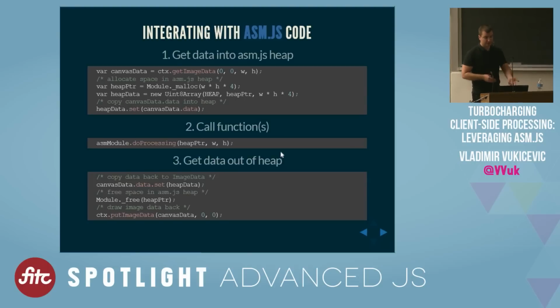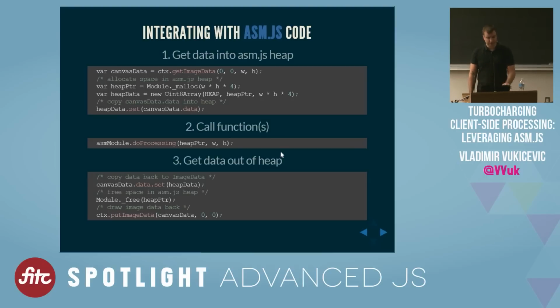So you would allocate some memory for where you're going to copy this data in. You do the copy, and then you can make the function call to do the processing. You give it the pointer, again in the C and C++ world. In this case, in JavaScript, this pointer is just a number, but that's all a pointer ever is. All you're saying is, at this offset in my array buffer heap, that's where my data starts. And so you hand that off to the processing function.